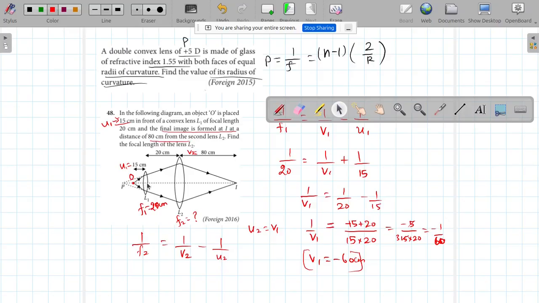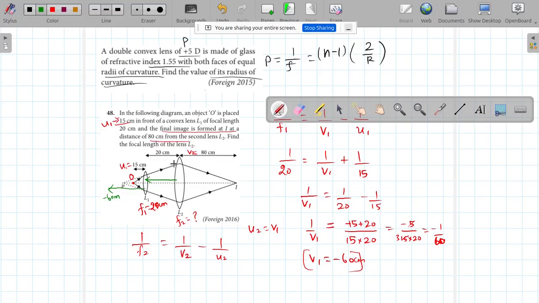The mistake is actually in the lens L1, the image is formed at minus 60 centimeter. But we don't know the distance between these two lenses.